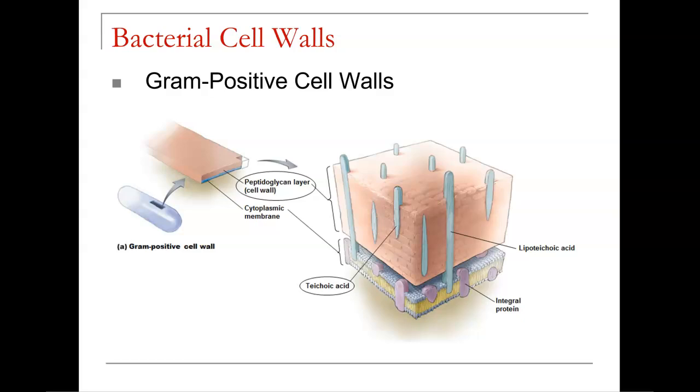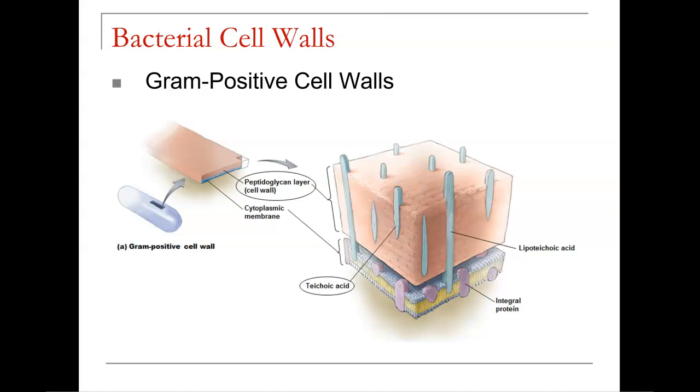With bacteria, you're going to have two types of bacterial cell walls. You'll have what's known as a gram-positive bacterial cell wall. That type is surrounded by a relatively thick layer of peptidoglycan. With that, it contains a unique polyalcohol called teichoic acids, covalently bound to the peptidoglycan.